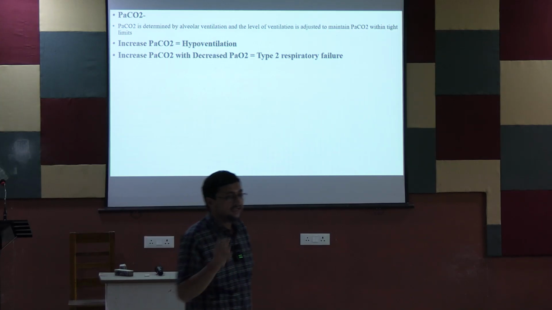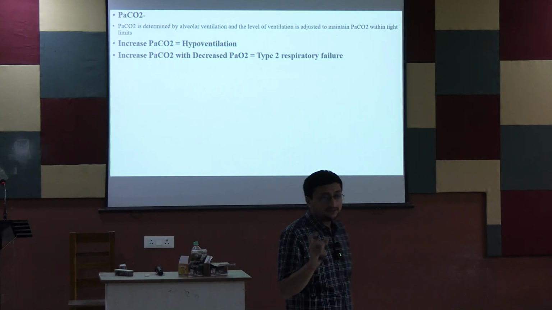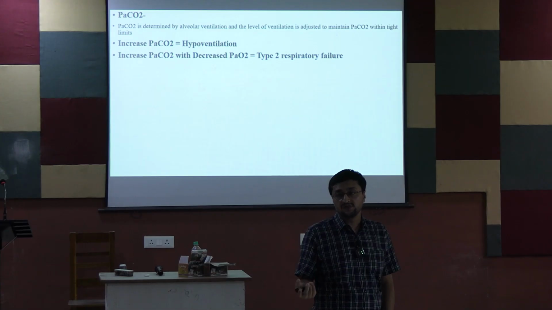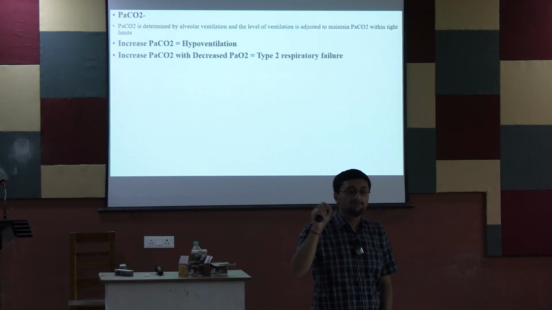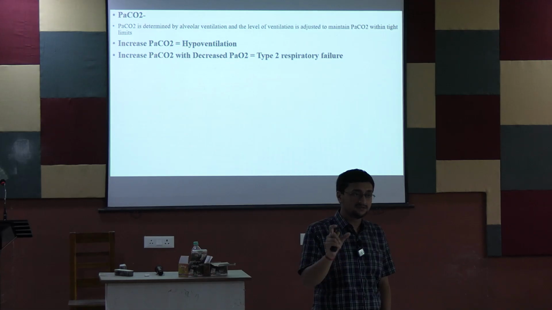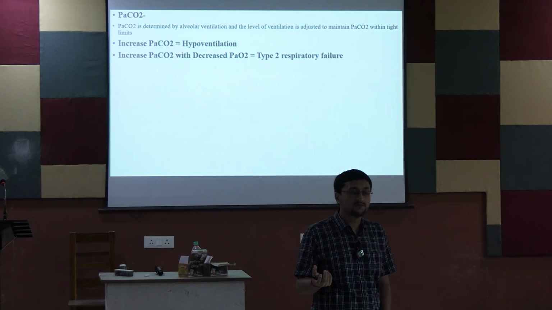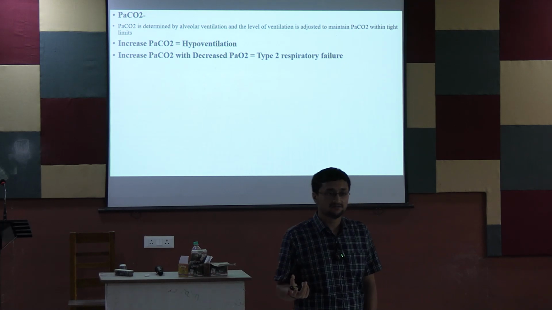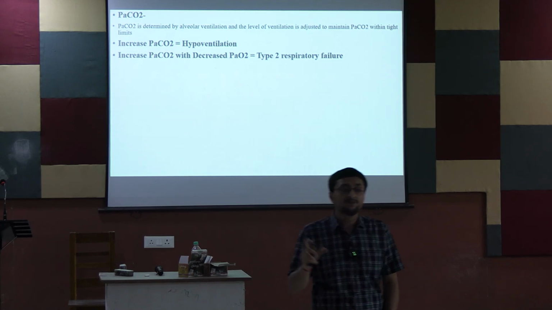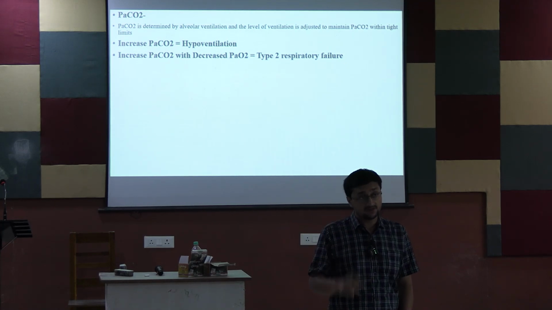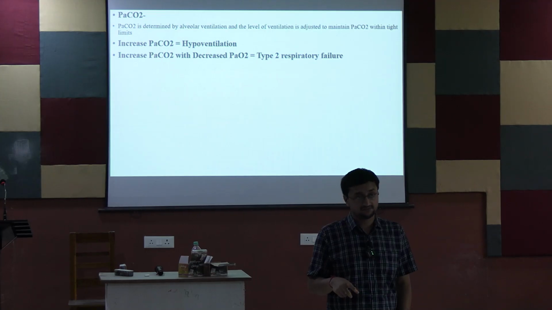Second one is type 2 respiratory failure. That means increase of carbon dioxide more than 45 millimeter of mercury plus PO2 less than 60 combination. This is called type 2 respiratory failure. Most common cause of type 2 respiratory failure is obstructive airway disease, exacerbation of COPD, even asthma and bronchiectasis.